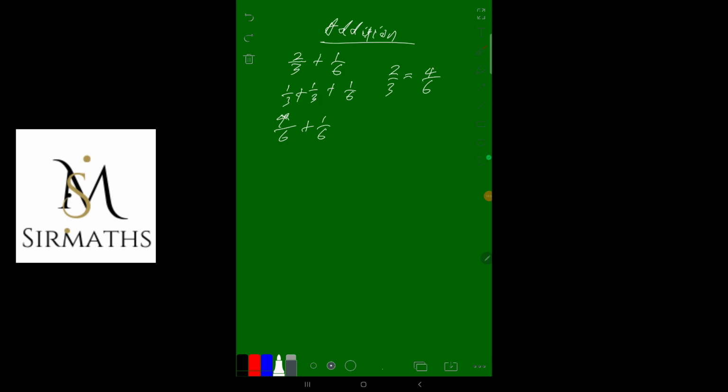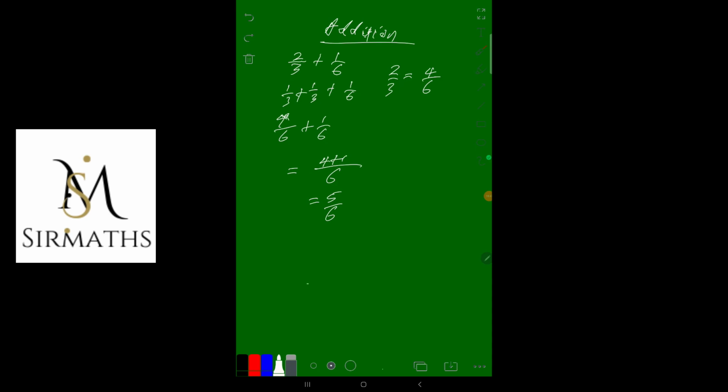To do this, we add the numerators and keep the same denominator, which is 6. So here we have our 6 as the denominator, and 4 plus 1 will give us 5 over 6. That is addition of fraction plus fraction, as you have done before in your previous grade.